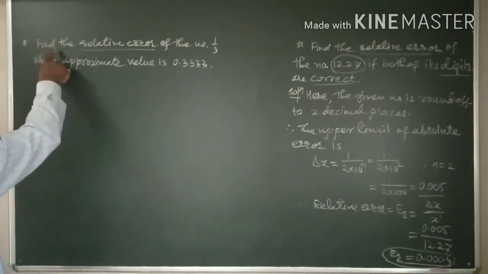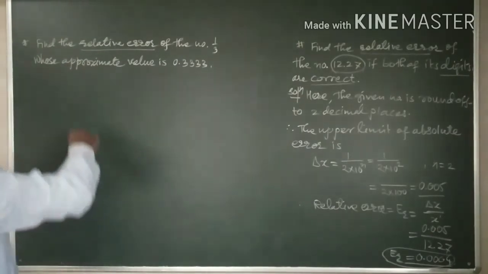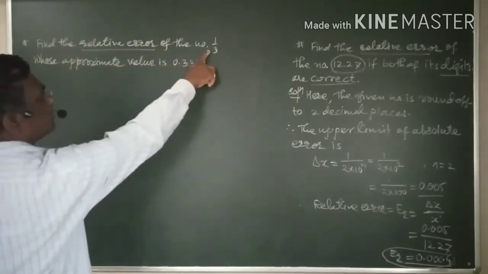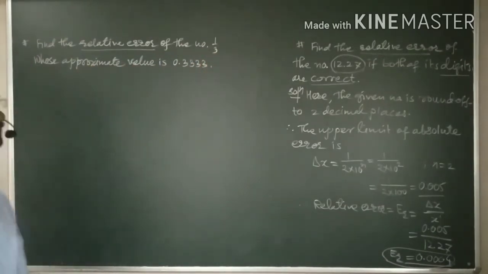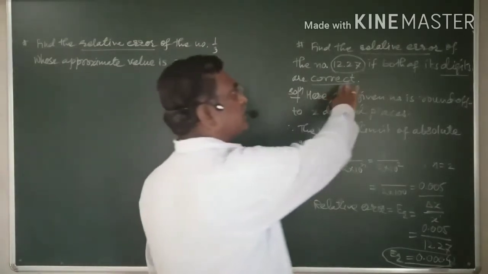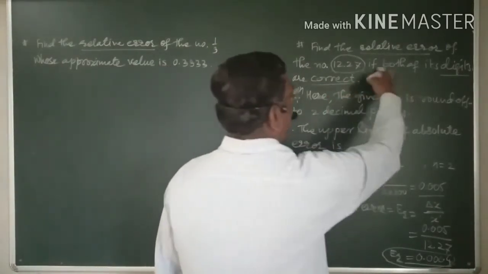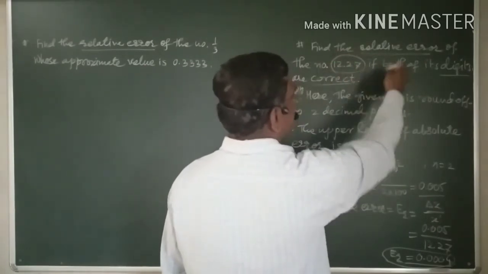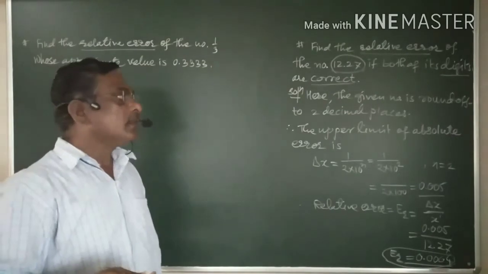Now here, find the relative error of the number 1 by 3. The number is given to you and its approximate value is given to you in this case. But in the earlier one, there is no approximate value. They are saying that all of the digits are correct.